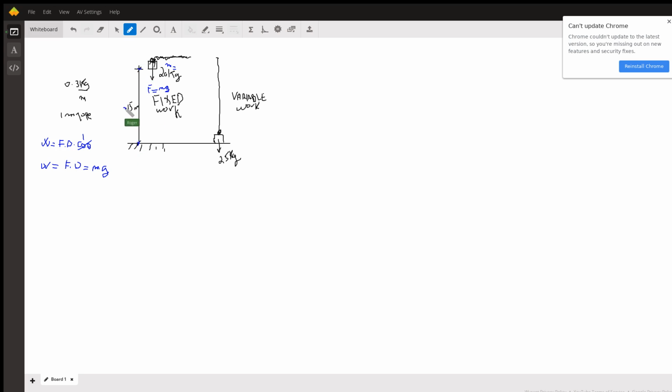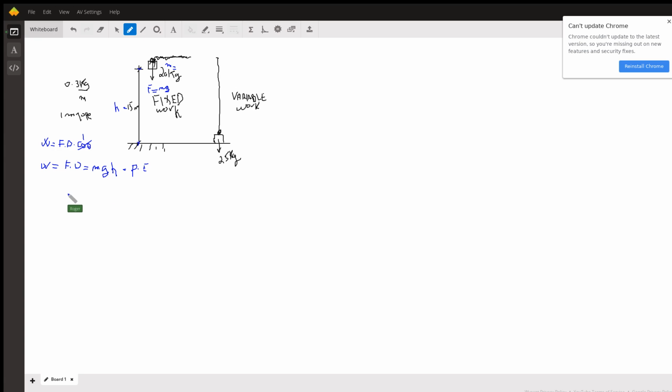We call that h. So actually the work is also called the potential energy. Potential energy is equal to the mass times the gravitational acceleration times the height.